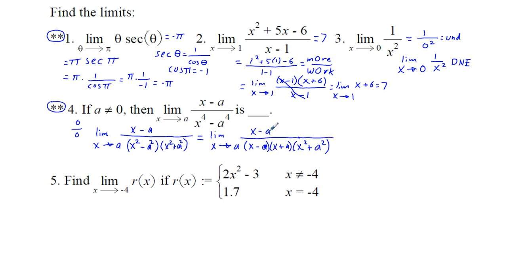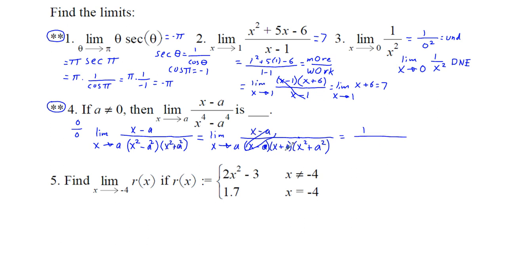This x minus a over x minus a cancels, and what we have left is, substituting a for x, we're going to have 1 in the numerator.